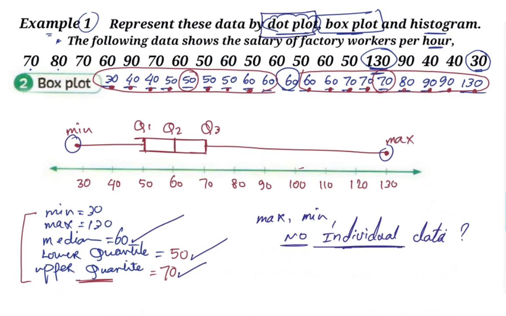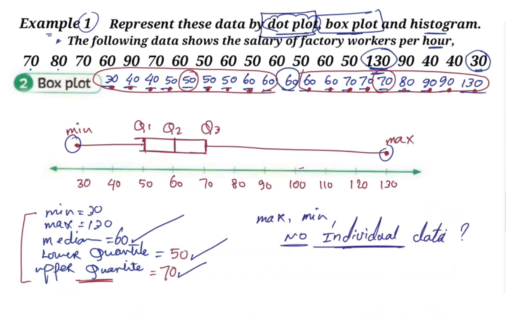So if he asks us about individual data, I don't use a box plot. But if he asks us about the median, lower quartile, upper quartile, minimum or maximum, it's easy to use a box plot to answer this kind of question.